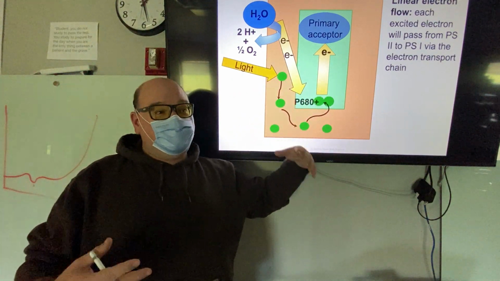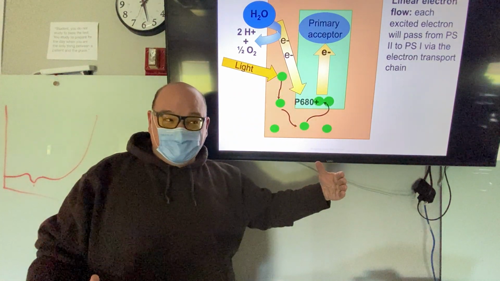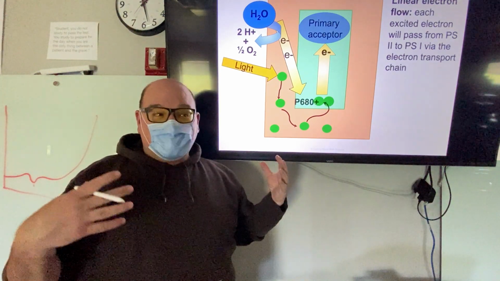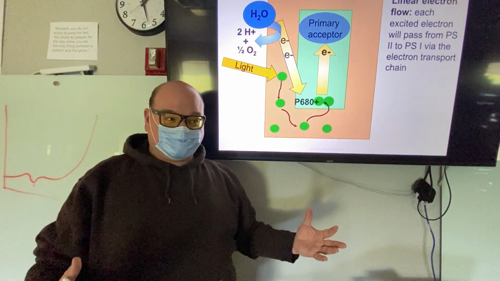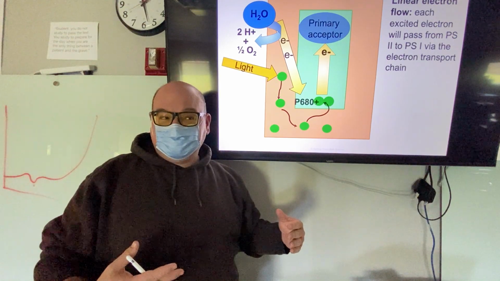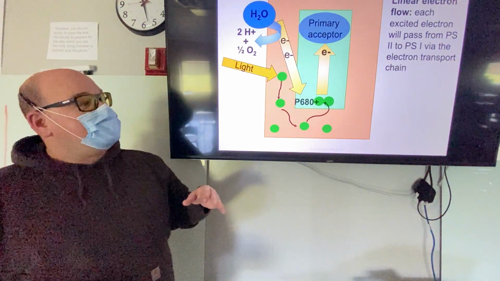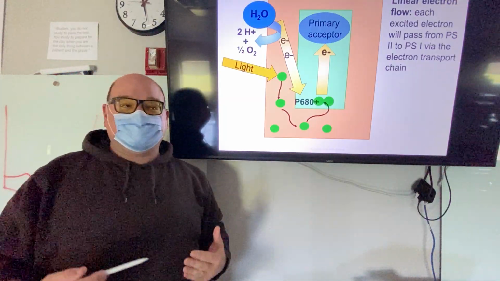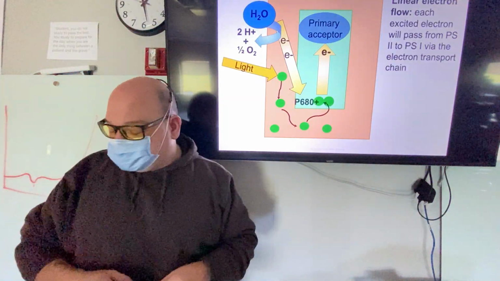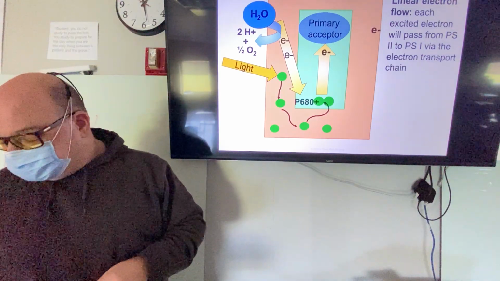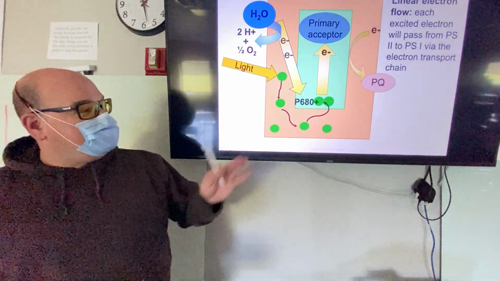They go to photosystem 1 in the electron transport chain. Where's that at? It's in between the phospholipids. So I want you to kind of know where everything's happening, because that's something you're going to be expected to maybe explain later.